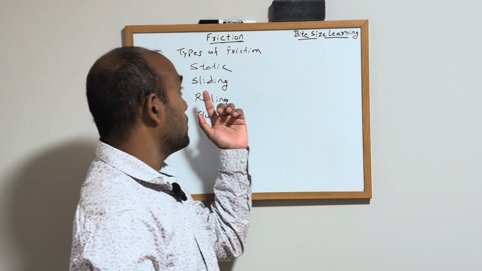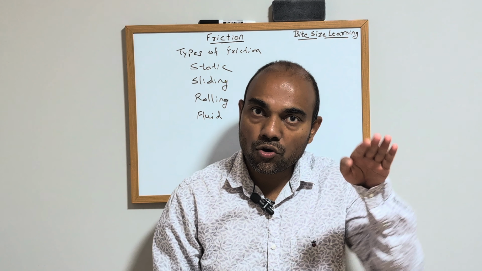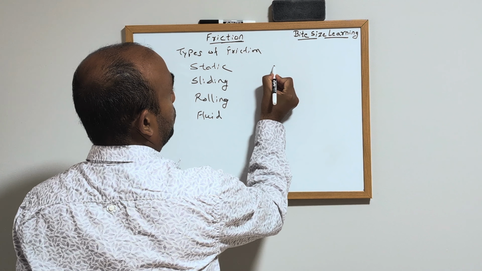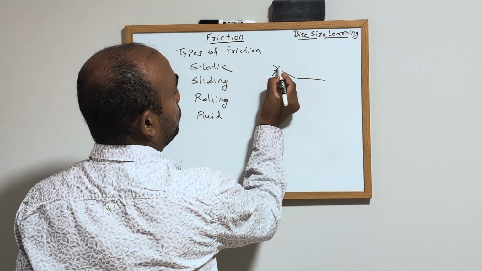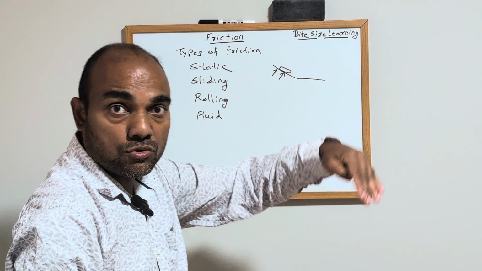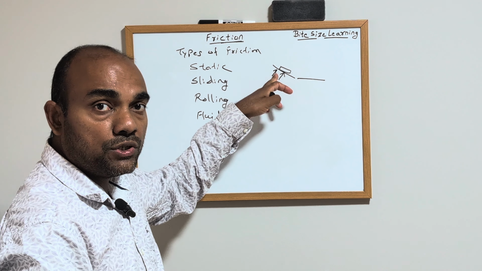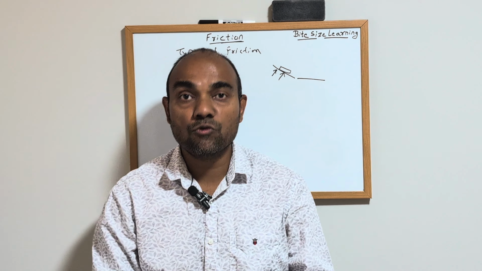Now the next one is sliding friction. Sliding friction is when an object is already in a sliding motion. Let's say you have an inclined surface and a book that is already sliding on the inclined surface. If you give a gentle push, the book starts to move faster.